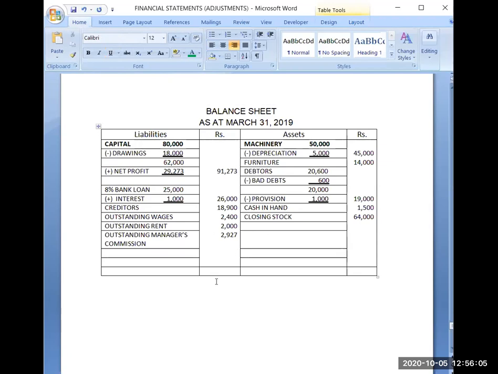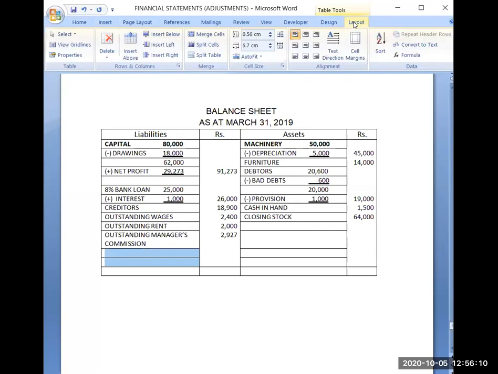So now all my information is complete. I can add the totals of the balance sheet.